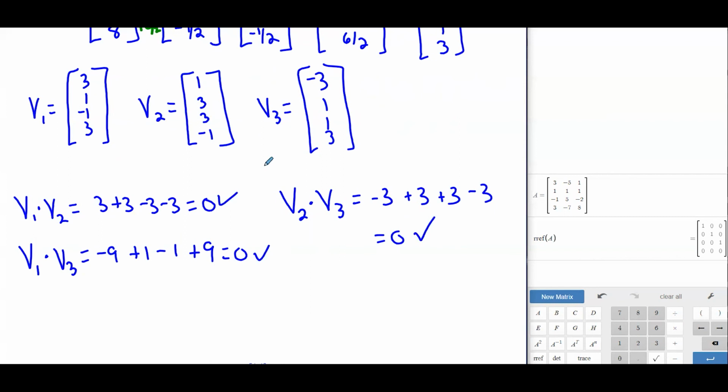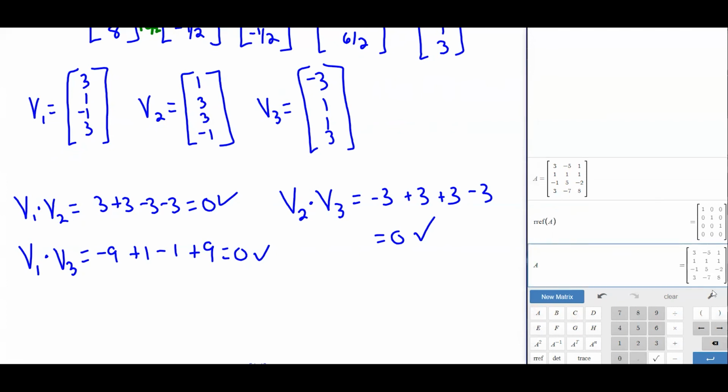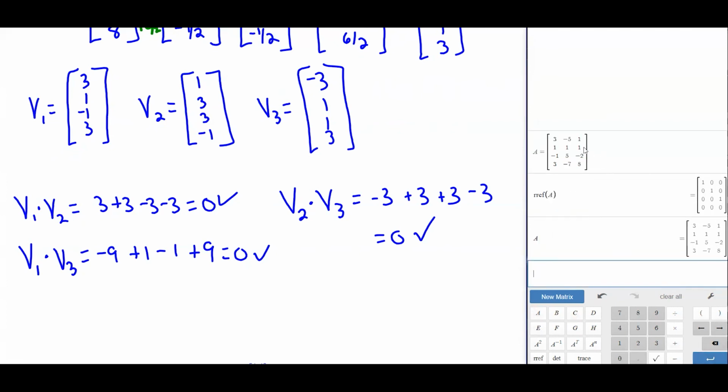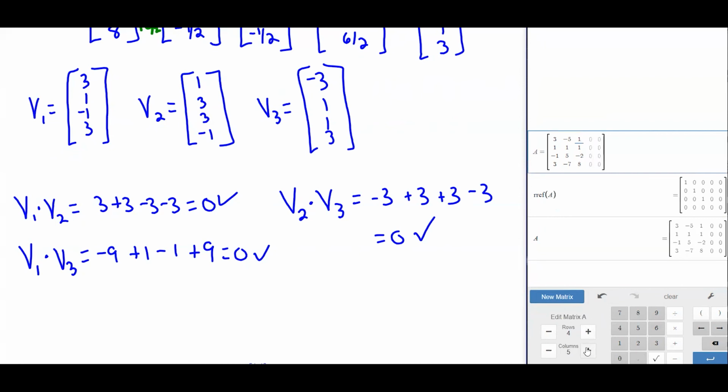So now let's just check to see if they're all in the same subspace. Now I know v1 is because it's x1, so it has to be. Let's see if I can edit this. Let's make 2 more columns.